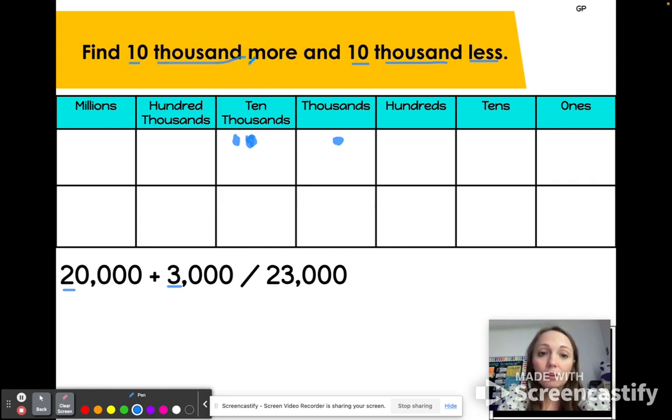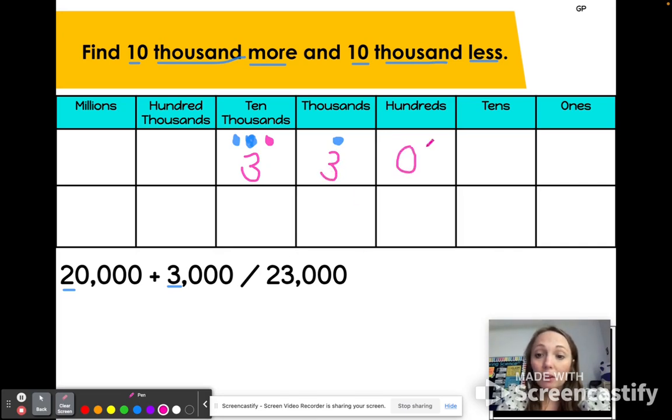So the first thing I'm going to do is find the more. So I'm going to go ahead and add one disc to my 10,000s. When I do that, I see I now have not 20,000, but now I have 30,000, but I still have my 3,000 here.